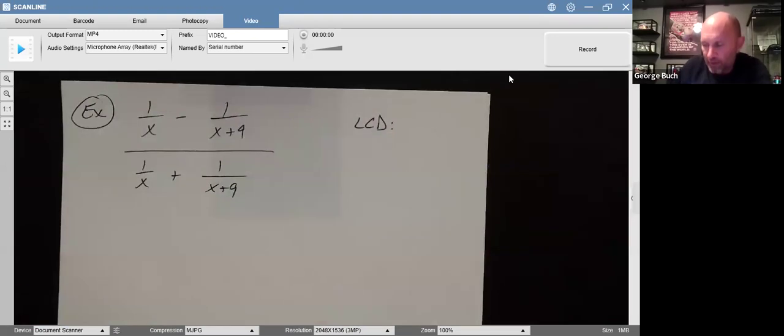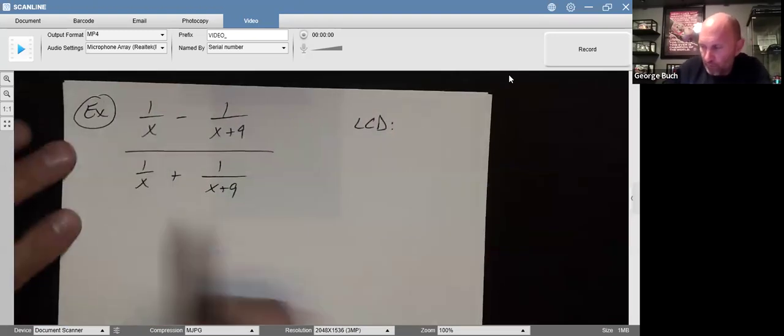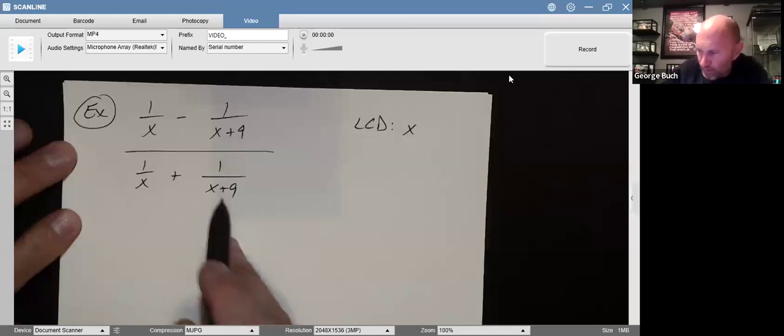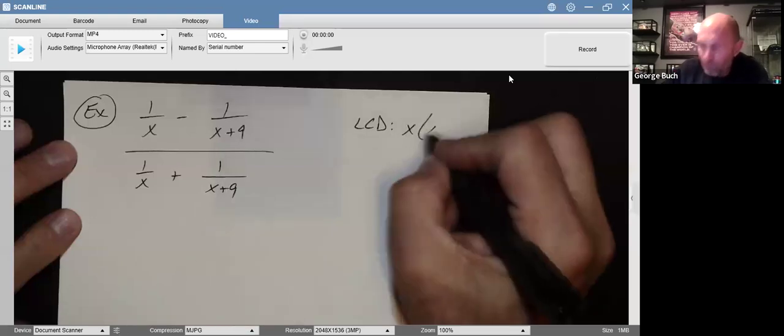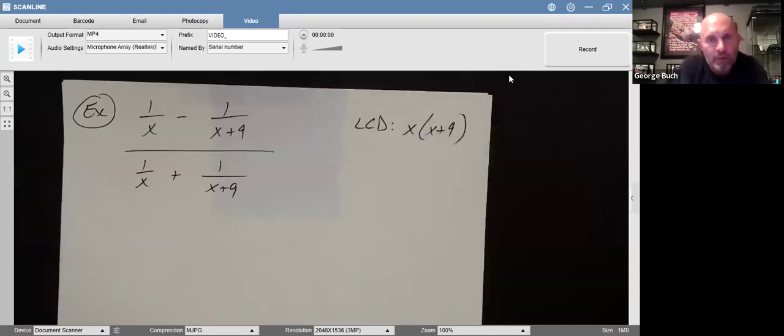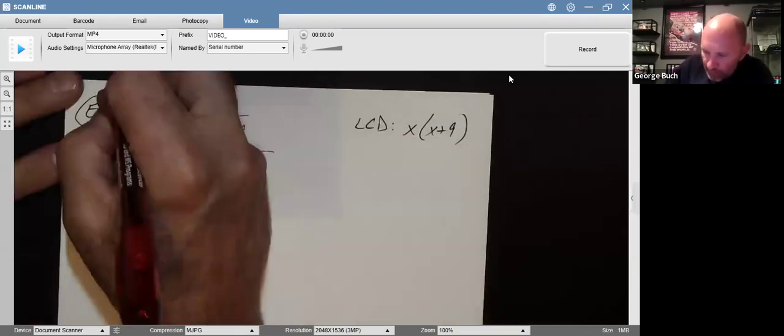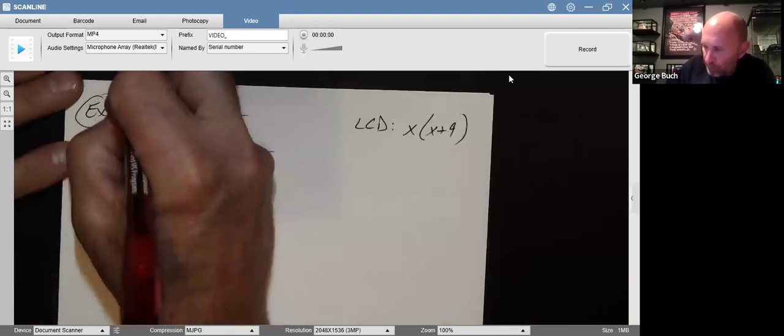Well, I have an x here and an x here, so I need an x in my LCD. I have an x plus 9 and an x plus 9, so I need an x plus 9 in my LCD. So we multiply everything by x times x plus 9.